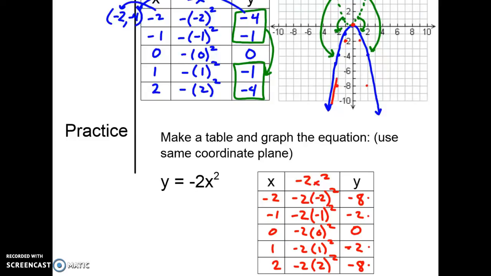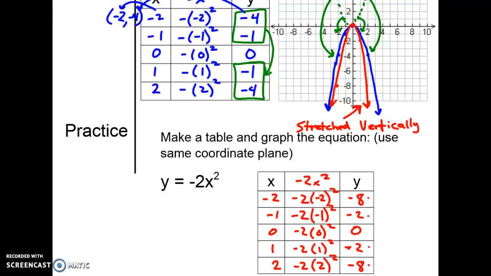Our parabola would look like this, and you can see it has a little different shape. Some students say it looks skinnier. What we say is this parabola stretched vertically.